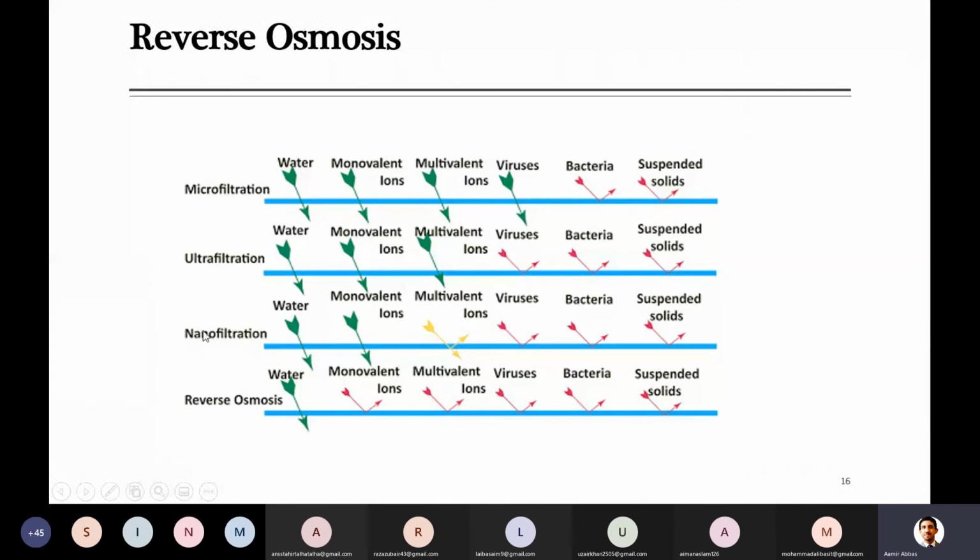Nanofiltration has the smallest pore size among these three, so it can remove most of the things, but it allows salts, for example NaCl, magnesium chloride, majorly monovalent salts such as NaCl and KCl, to pass through, and others will be rejected. Partially multivalent ions are also passed, and so on.